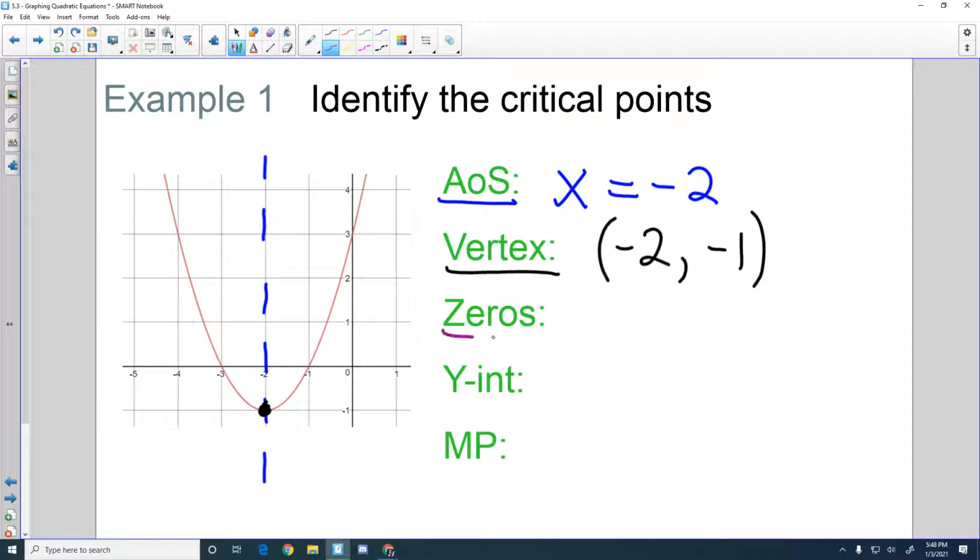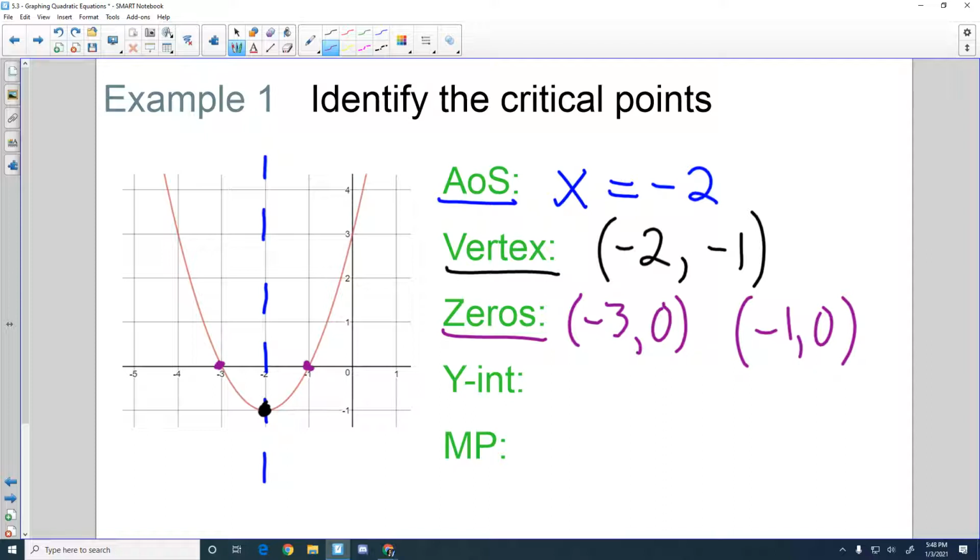Next up, the zeros, or the x-intercepts of the graph. To identify these, you're just simply looking, hey, where does my parabola cross the x-axis, or the horizontal axis? And again, you can just visualize this right from the graph. You see that it's going to cross the x-axis at 2 places, at -3 and -1. And you can either write this as 2 ordered pairs. This is the more formal way, right? It's the points (-3, 0) and (-1, 0).